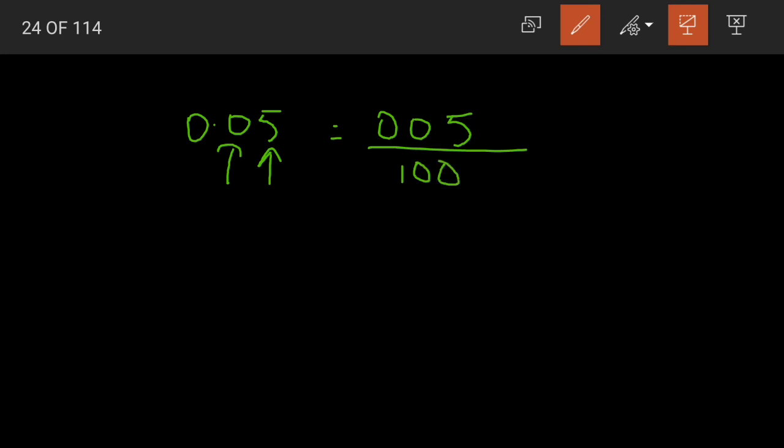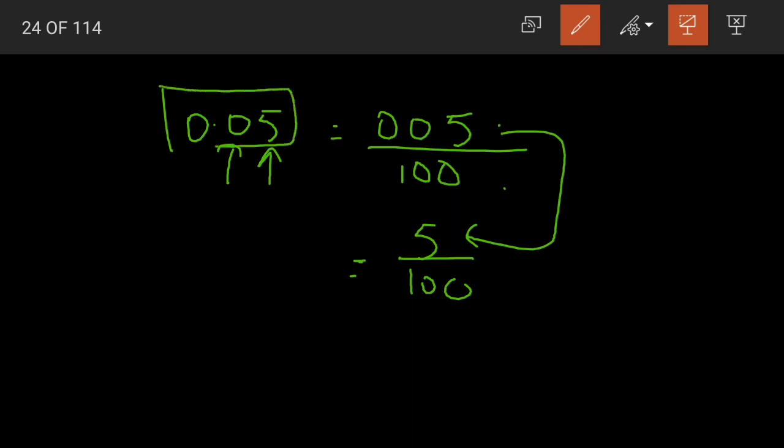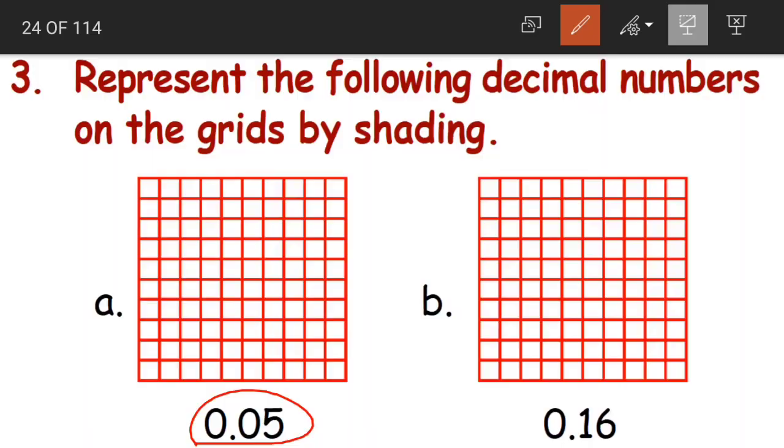So after 1, place 2 zeros. 005 by 100, or nothing but 5 by 100. 005 is equal to 5. Yes or no children? Yes, 005 is nothing but our 5. So the decimal number 0.05 is equal to the fraction 5 by 100. Is this clear children? 5 by 100 becomes our fraction for the given decimal number.